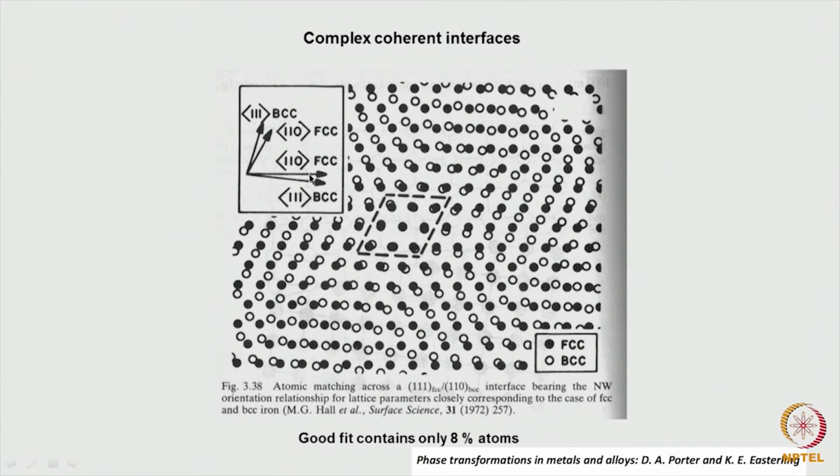This small deviation could be seen in the diffraction pattern itself. Looking at the diffraction pattern taken from this region, we can get information about the direction in which the close-packed plane in FCC, which is 111, is oriented, and the direction in which the close-packed plane in BCC is oriented. This information one could get.